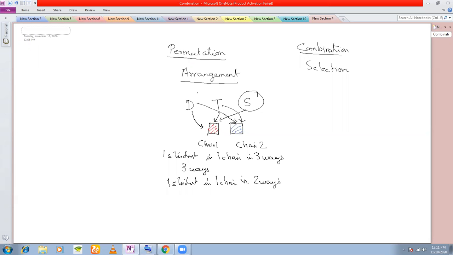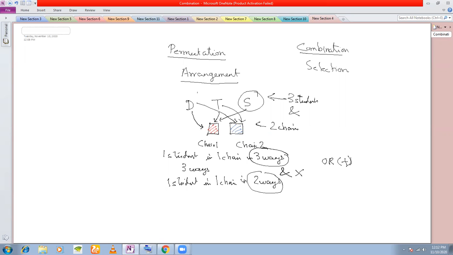So in how many ways can three students sit in two chairs? First three ways, and then two ways, right? And then remember, and is the keyword here. And means multiplication, or means addition. Remember this.